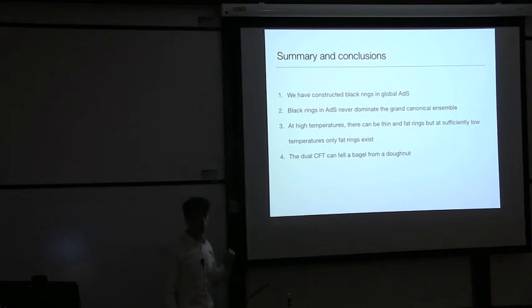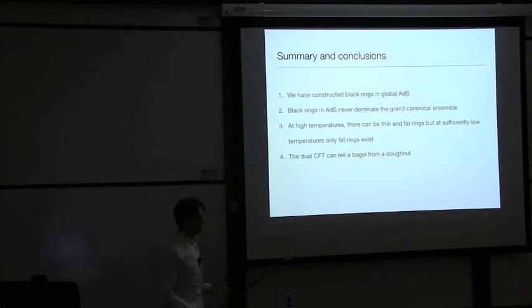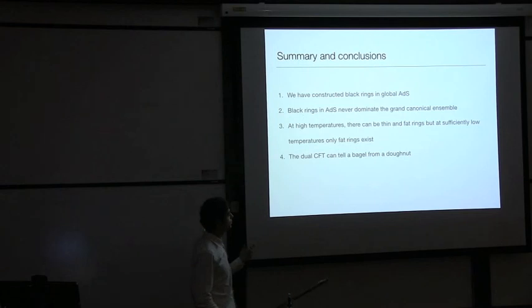You have this other new limit, which is a membrane type limit, and these very low temperature rings can be very large in units of the AdS radius. The CFT observables can clearly tell a bagel from a donut, but it will be interesting to look at other non-local observables like Wilson loops.